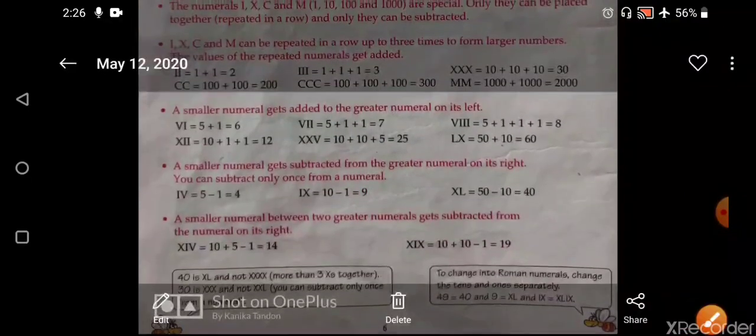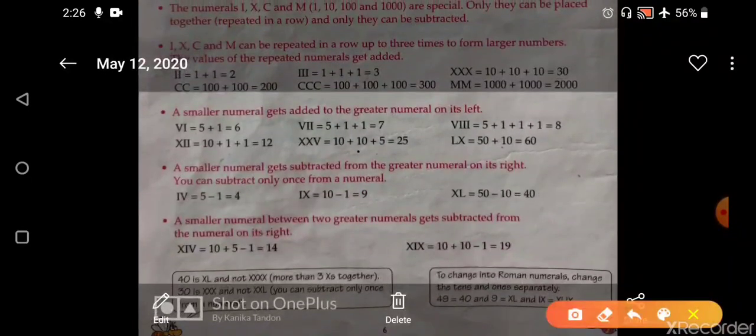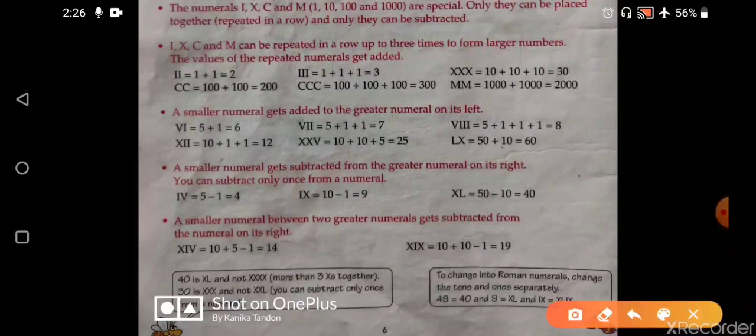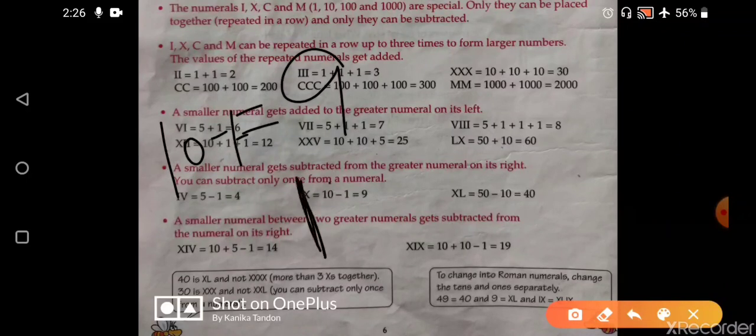Similarly, when we write 9, 9 is written as 10 minus 1. So 1 and then X, the greater alphabet on the right hand side and the smaller alphabet on the left hand side.